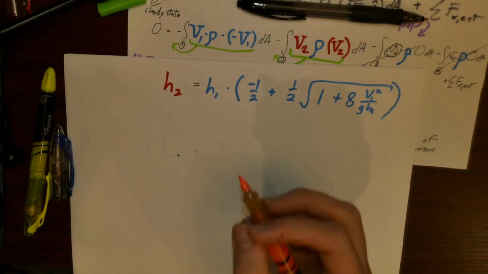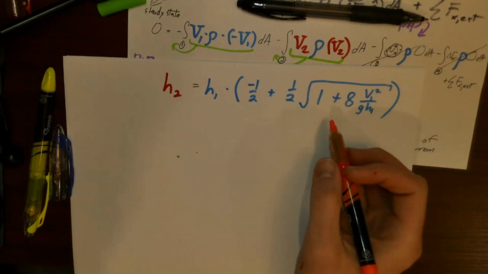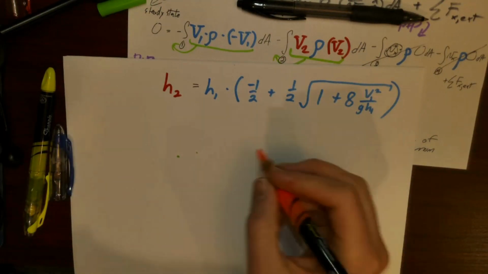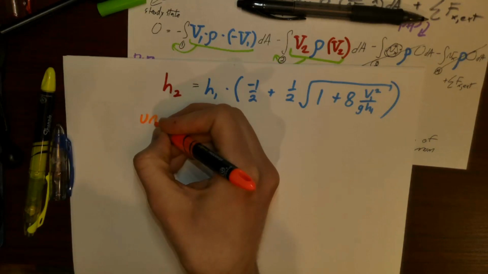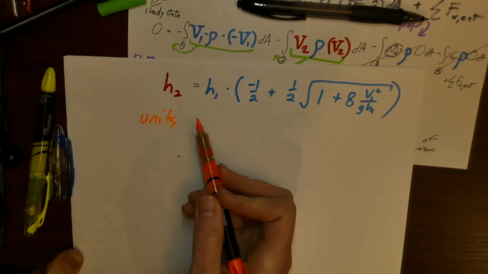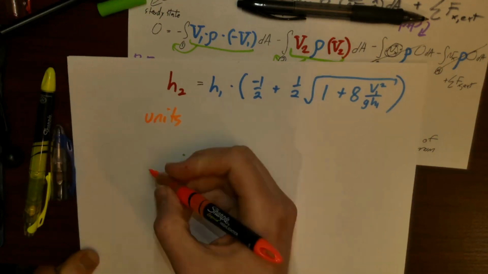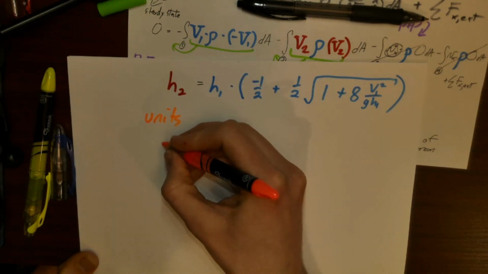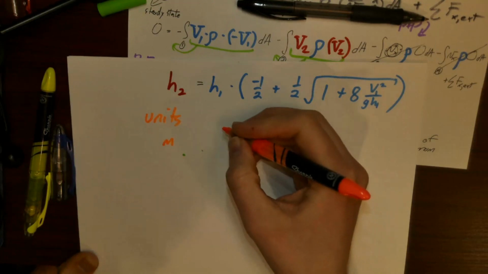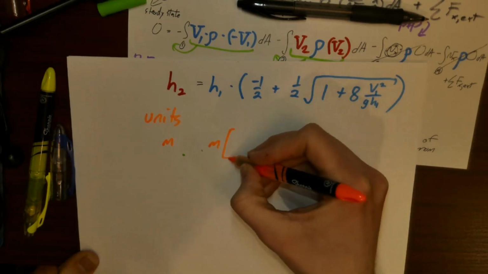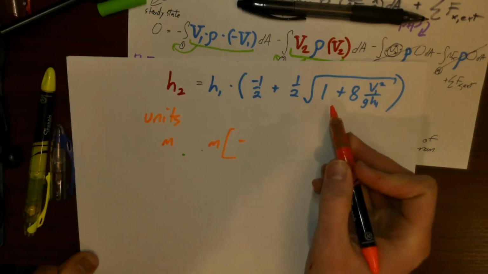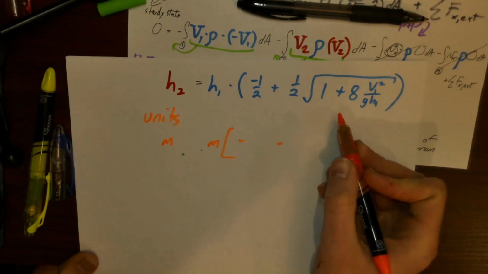So what are a couple of sanity checks that we want to do? Well, I think the most important sanity check is units. Remember, baby you-know-who, she gets really upset when the units on both sides of the equation don't line up. So let's check units. h2 should have units of meters. h1 should have units of meters, and we're multiplying this by something that has no units. This has no units.